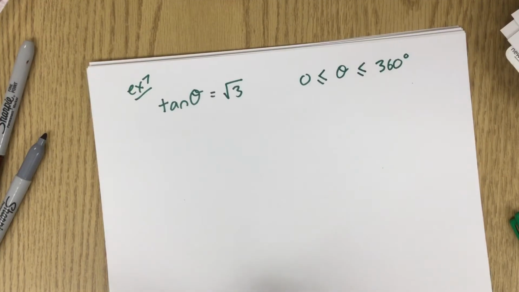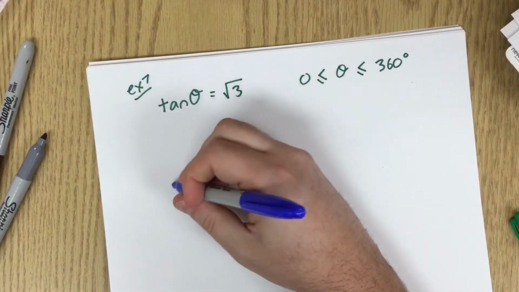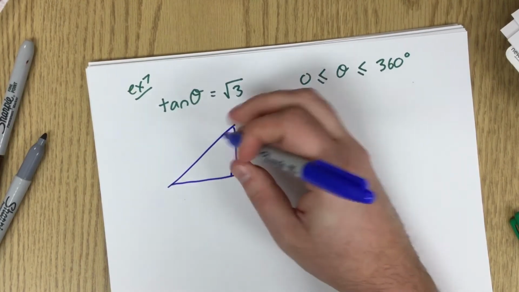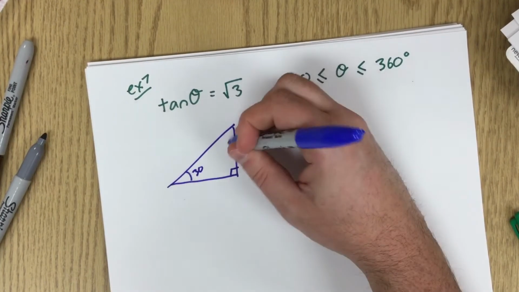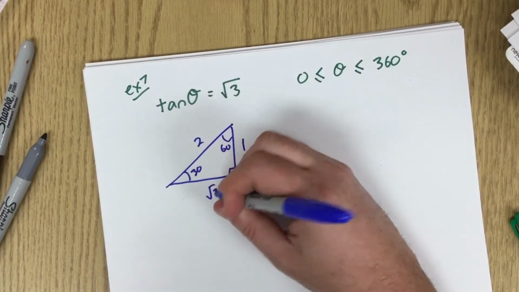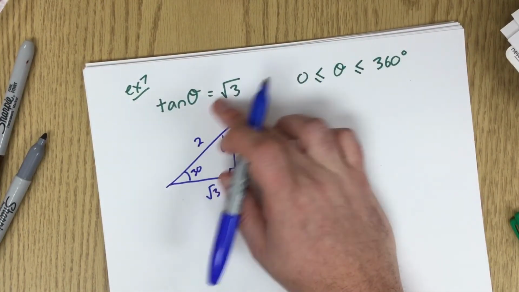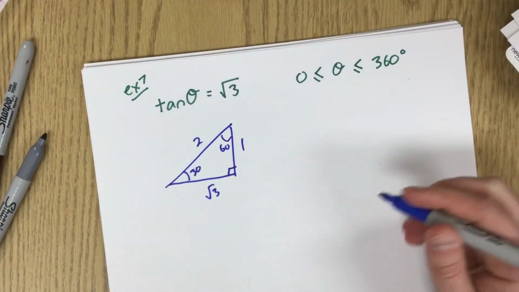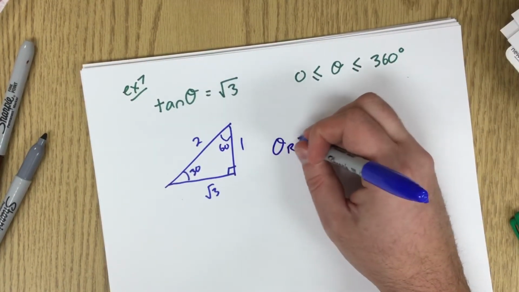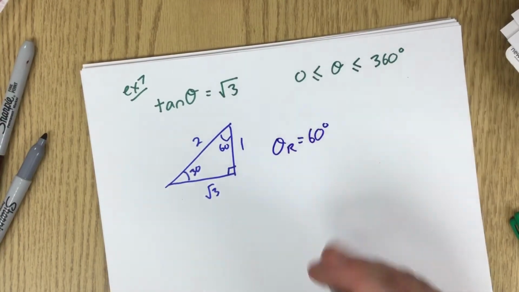Okay, so we're going to figure out a related acute angle. That's going to be the 1, 2, root 3 triangle. So 30, 60, 1, 2, root 3. So the tangent of what is root 3? It's going to be the tangent of 60. So the related acute angle is 60 degrees.